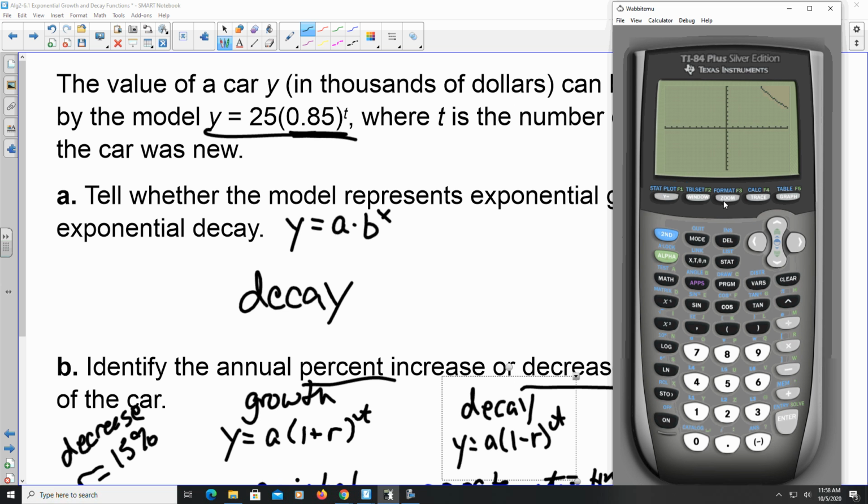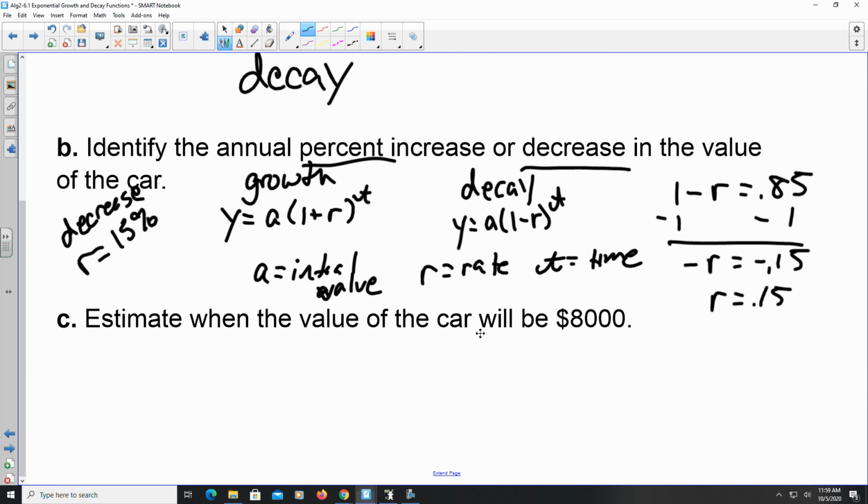Our window isn't so good, so we've got to increase our x max. Let's say it's about 50, and then let's see what that does. All right, that's a little better. Now we can trace, and they want you to figure out when, estimated, it's 8,000.